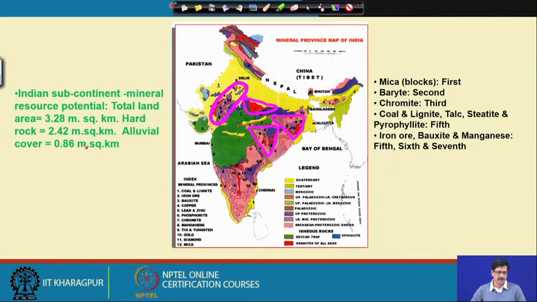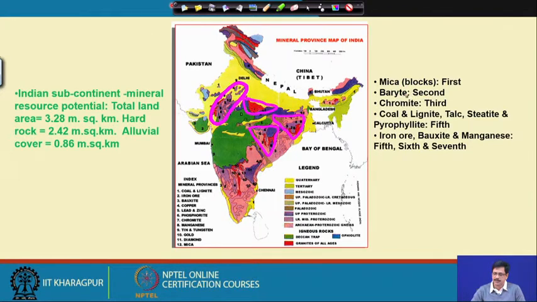The alluvial cover is about 0.6 million square kilometer, and on the right, the information that we have is that we are the dominant producer of the industrial mineral mica, mostly coming from the mica bearing pegmatite belts in Hazaribagh district in Bihar.